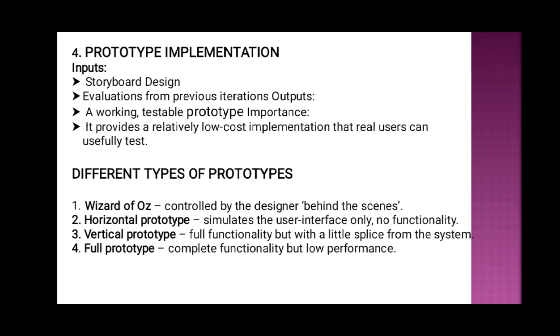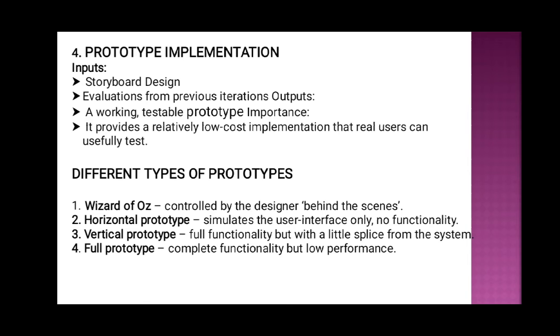Number 4. Prototype implementation. Inputs: storyboard design, evaluations from previous iterations. Output: a working, testable prototype. Importance: it provides a relatively low-cost implementation that real users can usefully test. Different types of prototypes.